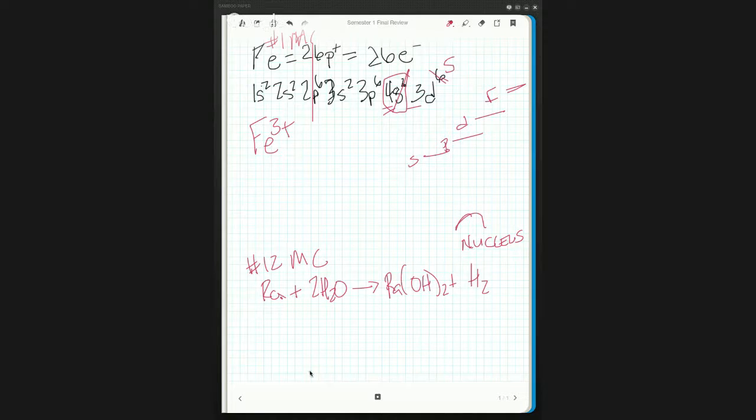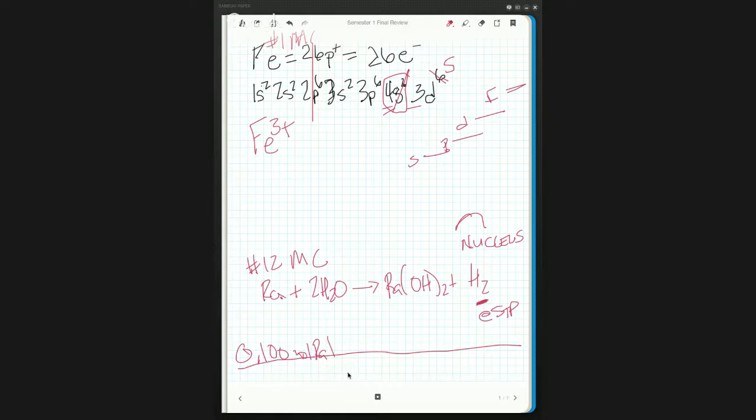Okay. And we want to know how much hydrogen gas at STP. And we start with 0.100 moles of radium.